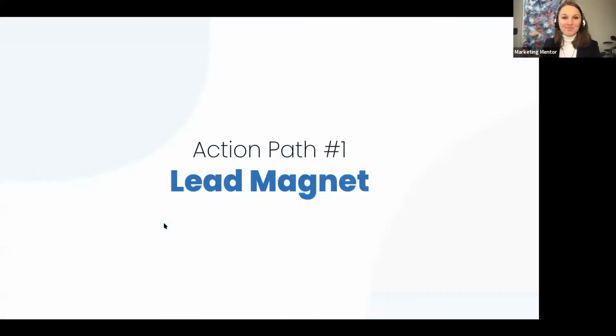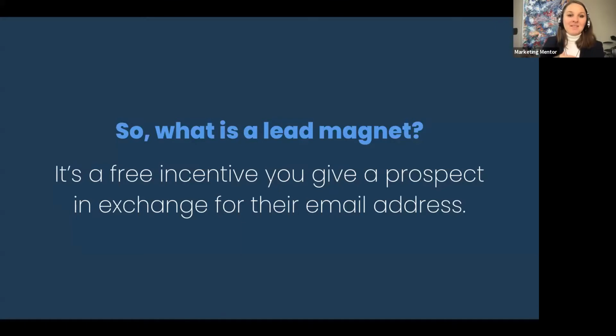So the first action path is what we call in the marketing world a lead magnet. Essentially, this is a free incentive that you give a prospect in exchange for their email address. If we think outside the legal industry, you may see this on some of your favorite e-commerce stores: enter your information to get 10% off your first order.